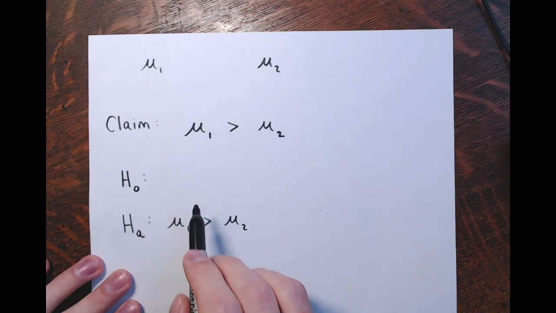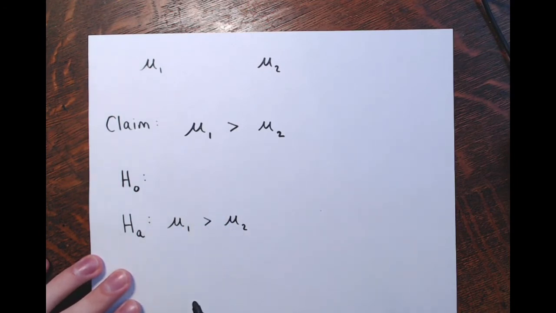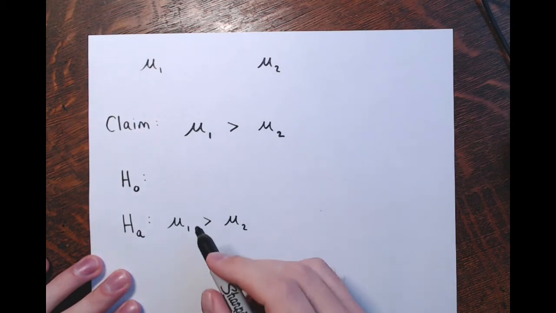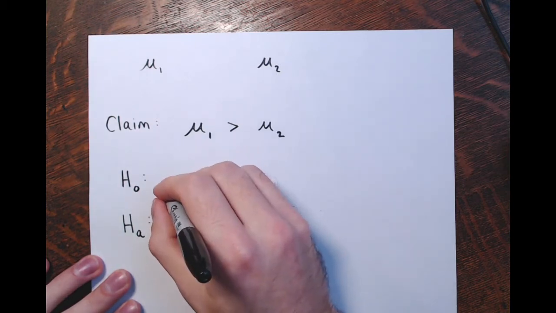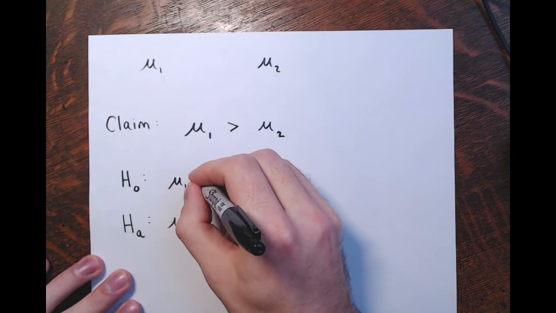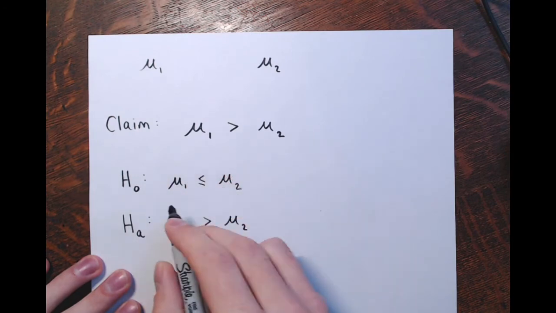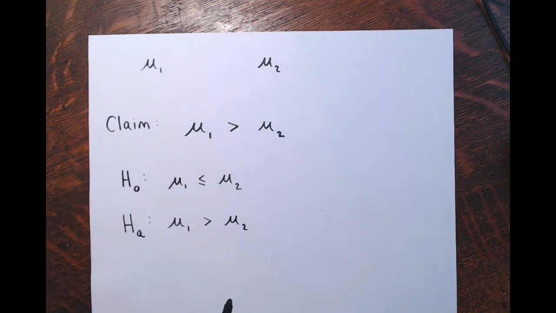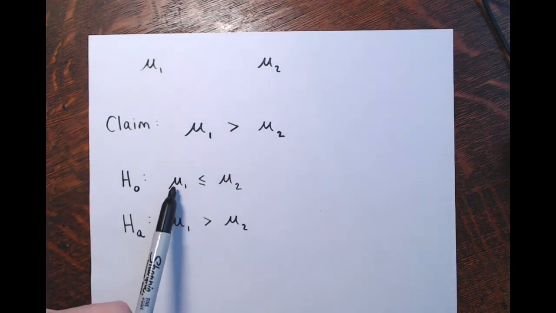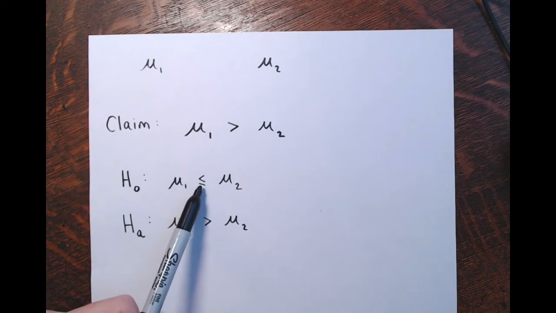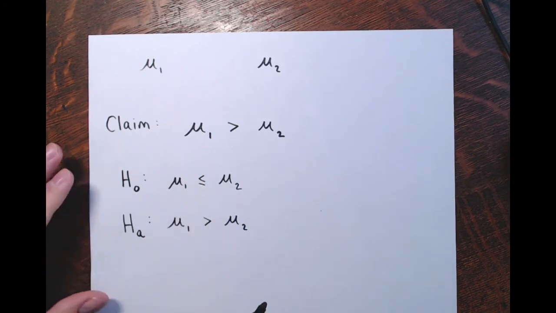And then the null and alternative hypotheses should be opposing statements. The opposite of is greater than is less than or equal to. So the null hypothesis is that the average startup time for computer 1 is less than or equal to the average startup time for computer 2.